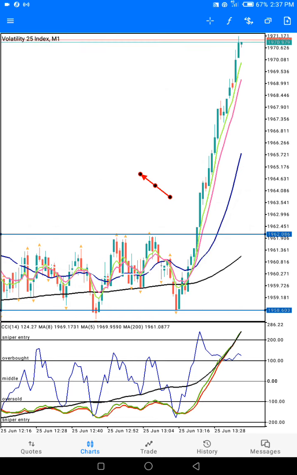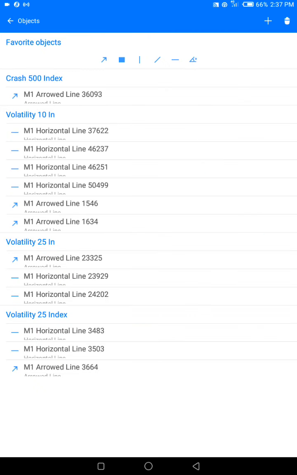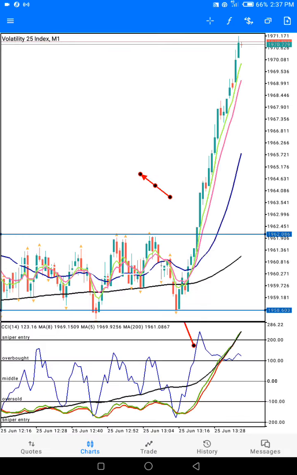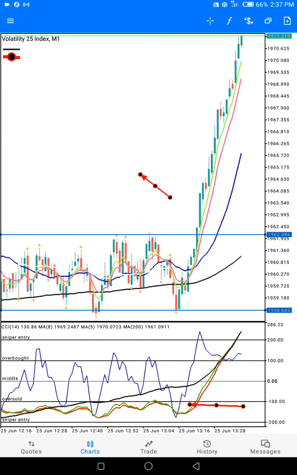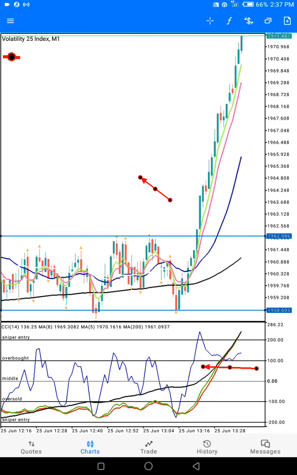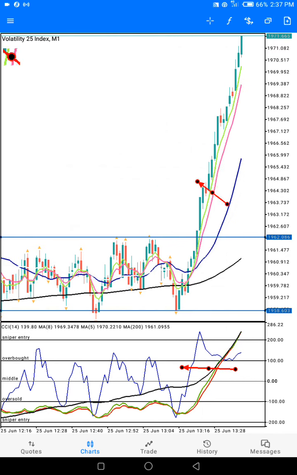And down here on the indicator window 1, if you look at the movements of the moving averages, you will see how the movement is. As far as these moving averages are down here, expect an upward movement, and that is what we got here, and it's still doing it. For those of us who want to trade the rise and fall, this is the best time to trade the rise and fall.